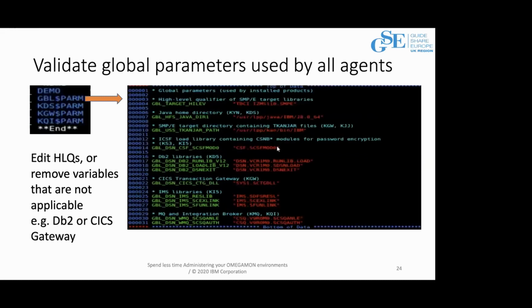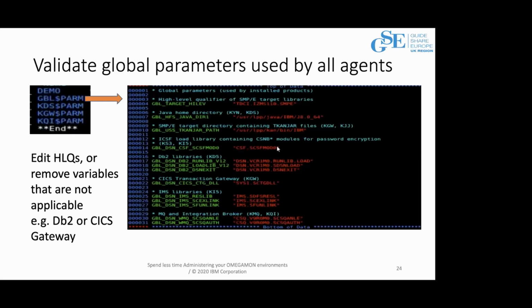Before that, here's an example of the global parameters used by all agents. In this case, you'll probably see these in PARMGEN as well. Which are your HFS Java directory, TCAN jar directory, and IKCF load library dataset. And if it's not CSF, if it's SYS1, you just change them.